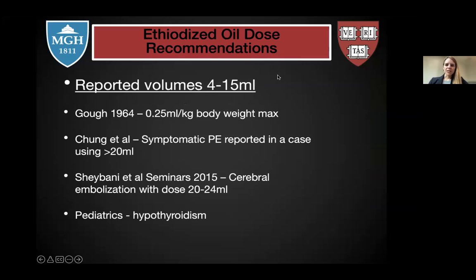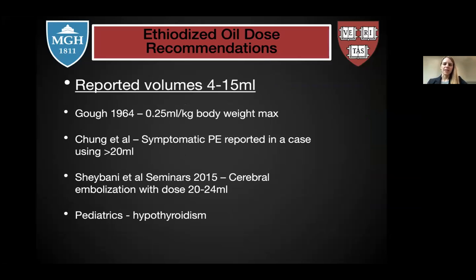There are recommendations on total volume of Lipiodol that should be injected. So reported volumes and recommendations are somewhere up to 15 milliliters. There's a body weight max that's been proposed, which is useful if doing pediatric cases. High volumes have been shown to have some complications, such as symptomatic PE.